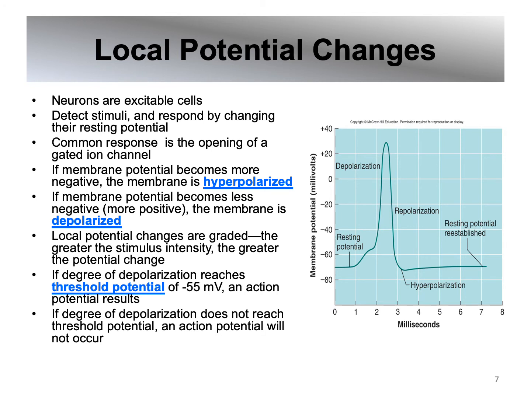Remember, resting membrane potential was polarized and inside of the cell was minus 70 millivolt, more negative than outside the cell. Now, you see the isoelectric line here in this graphic is minus 70 at the beginning on the left. So in the graph of membrane potential against time in milliseconds, resting membrane potential is minus 70.